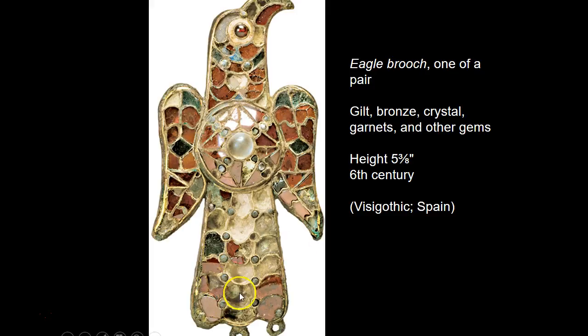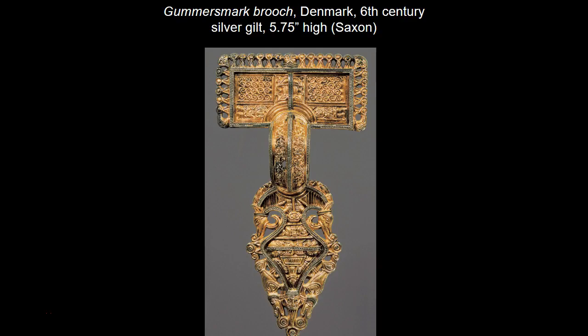You get a little bit of a sense of overlapping of feathers in the bottom here, but not much. That's very typical of this style, which we also tend to call barbarian style, migration style, or animal style. Often the word animal style is given to art of this time period because animals are often the focus of it.